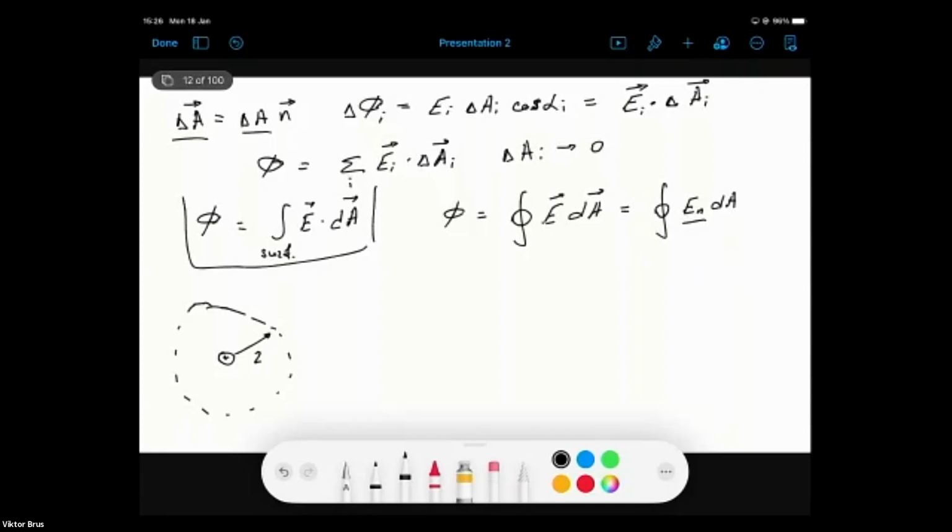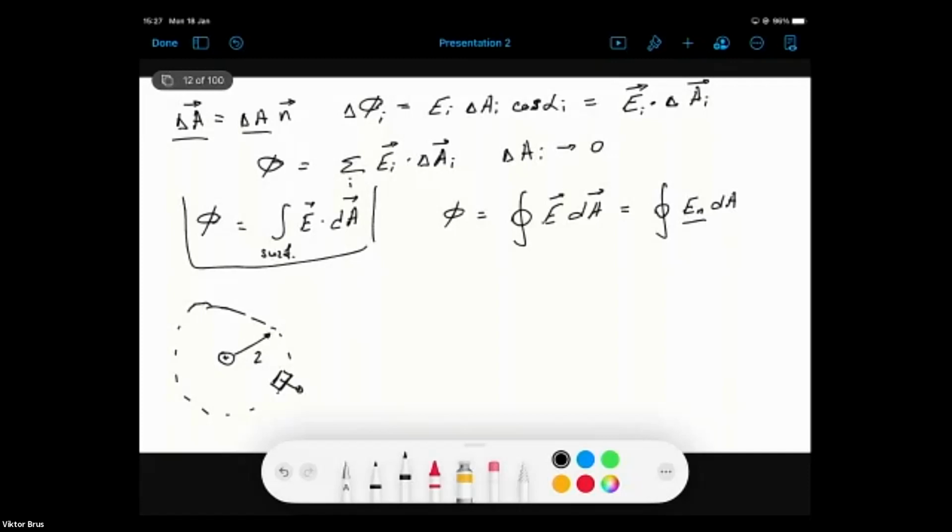So if we choose some surface element on this sphere, we know that the electric field vector has radial symmetry. It spreads as straight lines in all directions from the electric charge, which is in the center of this sphere. And that's why we can write that.